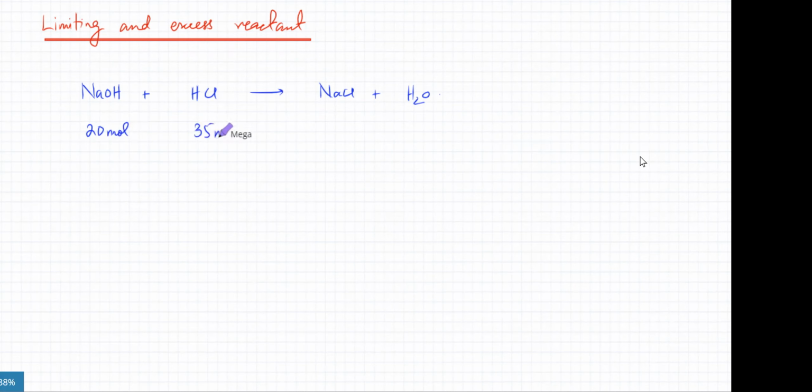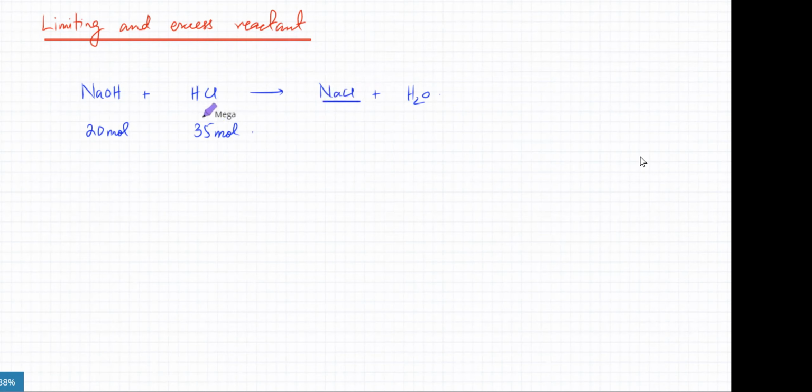So I've mixed them together, right? So how many moles of NaCl should be produced in this reaction? Remember, the ratio is 1:1. Should it be 35 moles or should it be 20 moles? What's the answer? 20.